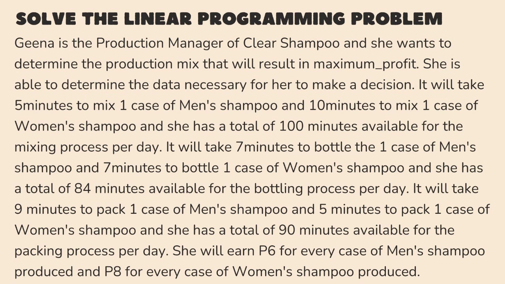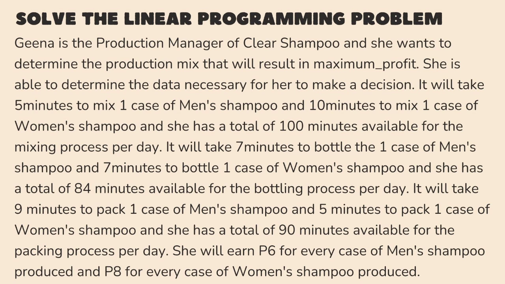It will take 9 minutes to pack 1 case of men's shampoo and 5 minutes to pack 1 case of women's shampoo, and she has a total of 90 minutes available for the packing process per day. She will earn 6 for every case of men's shampoo produced and 8 for every case of women's shampoo produced.